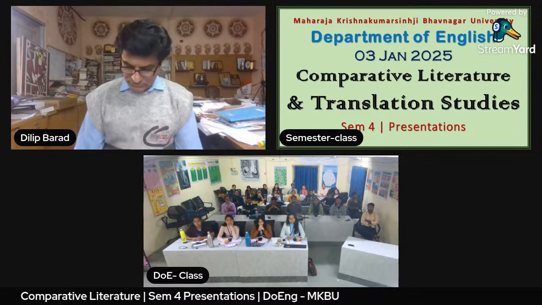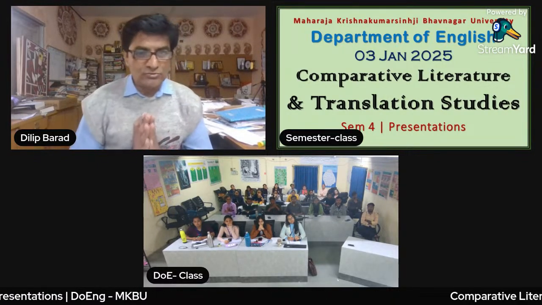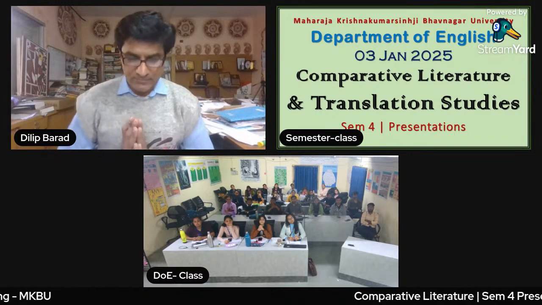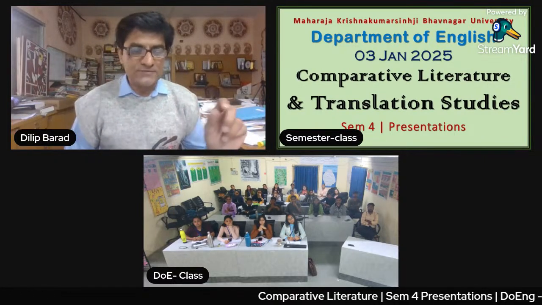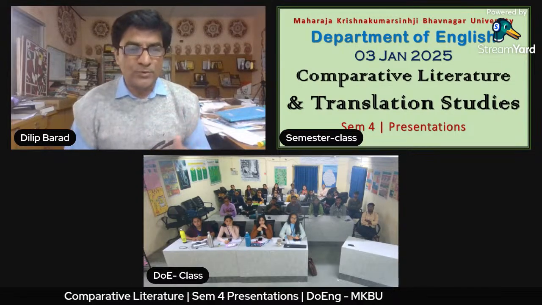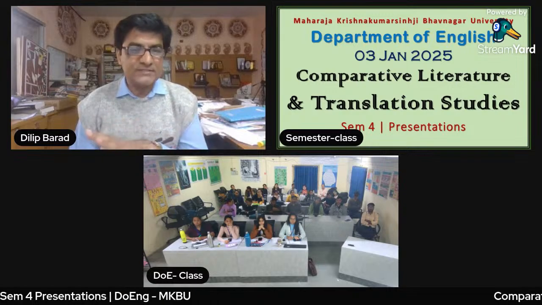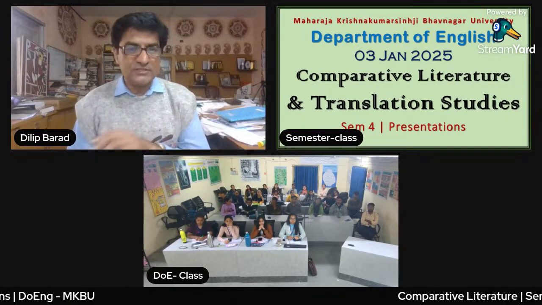Those who are not able to connect with this, how to write a learning outcome, can use this template of sentence: before getting exposed to this article or this literary text, I was thinking in this manner, I was doing it in this manner.